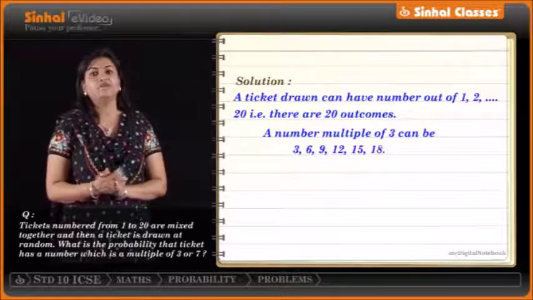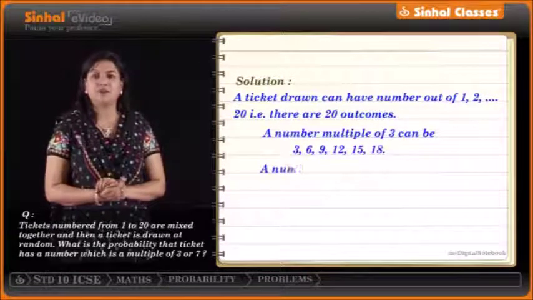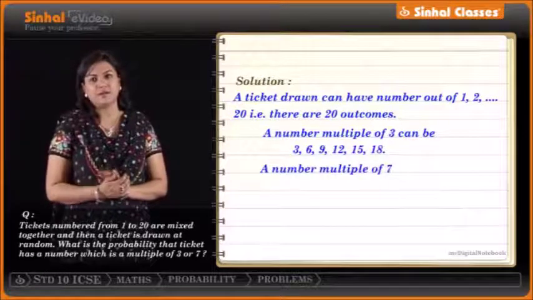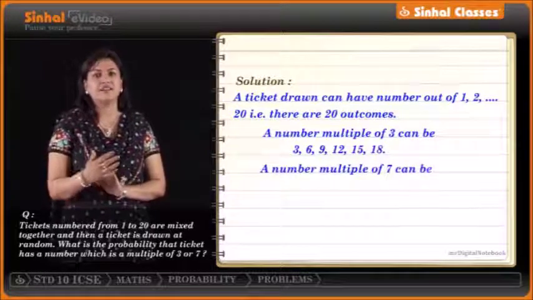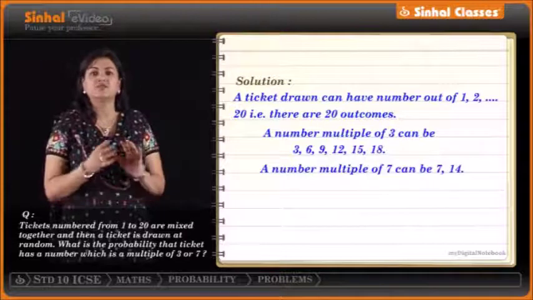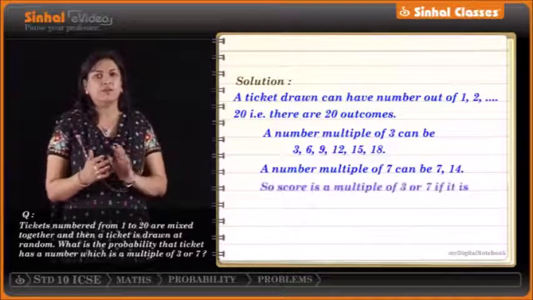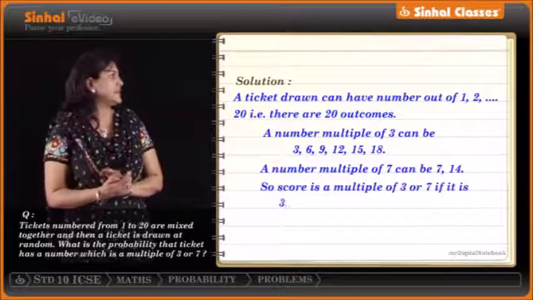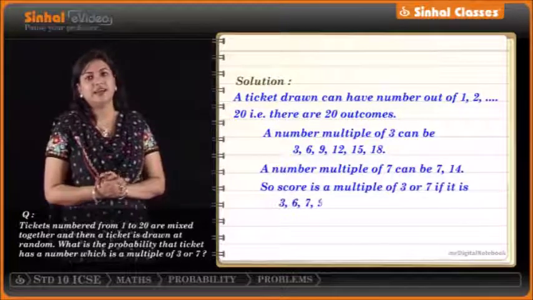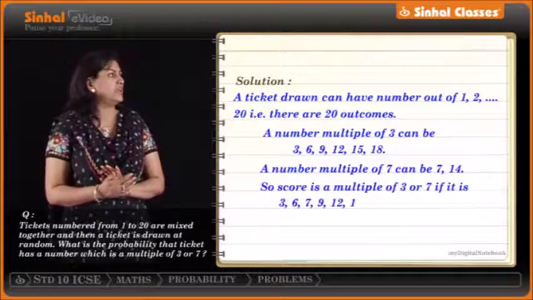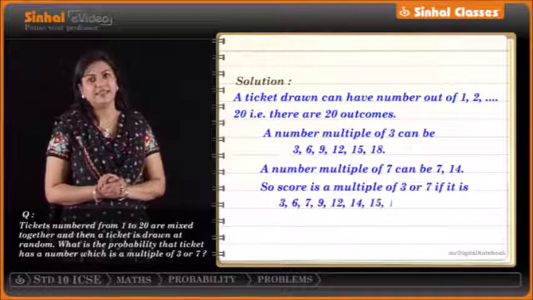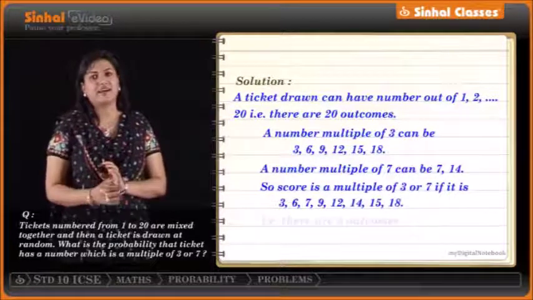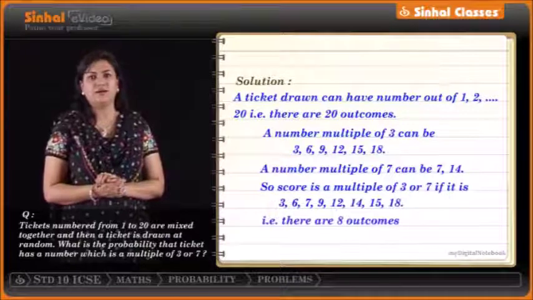We also want a multiple of 7. So the possible outcomes are 7 and 14. So we have the total number of favorable outcomes as 3, 6, 7, 9, 12, 14, 15 and 18. That is, there are 8 favorable outcomes.